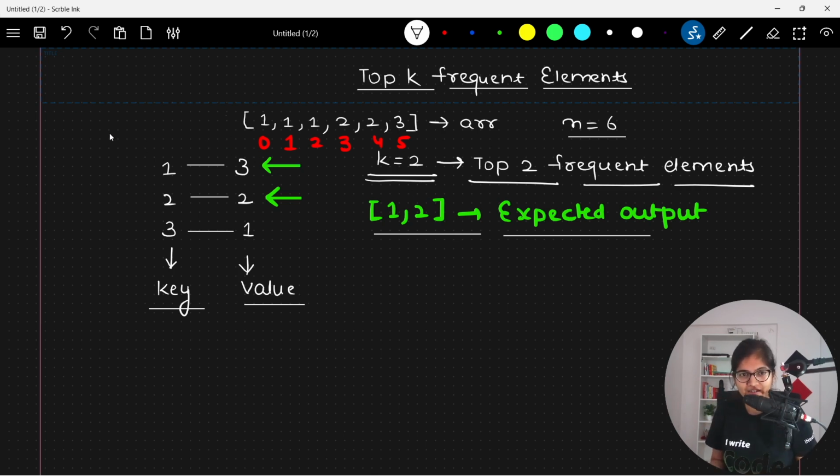So simply here you need frequency as the most important thing, and according to that, you will certainly be able to find out the topmost k values.